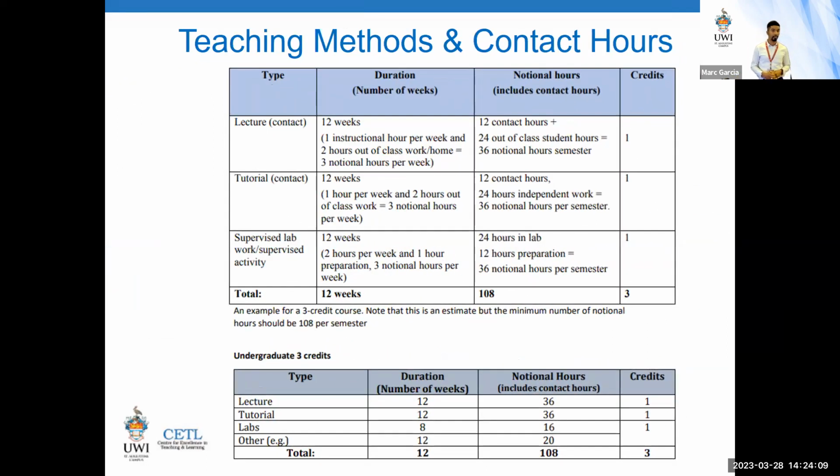I saw this too, but I thought that notional hours is not a column in the template. So I don't have anything about notional hours. Right. No, these are two different documents. What I'm showing you here is a document that will guide you. So when you look at it, you look at the calculations basically, and it's supposed to be a guide.